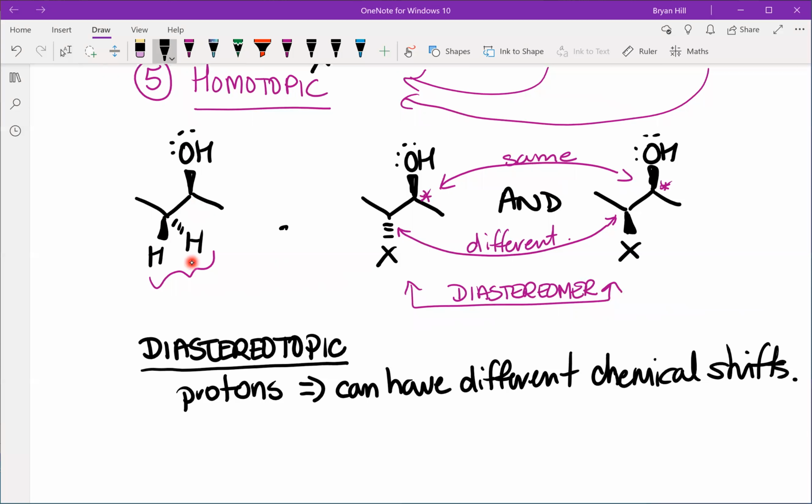Diastereotopic protons are the exception: sometimes they have the same chemical shifts, but sometimes they're different. So that's the one thing to keep in mind. I was just looking back at the last lecture, and there could be 5, but there could be 6. Okay, so that's basically what I wanted to point out.